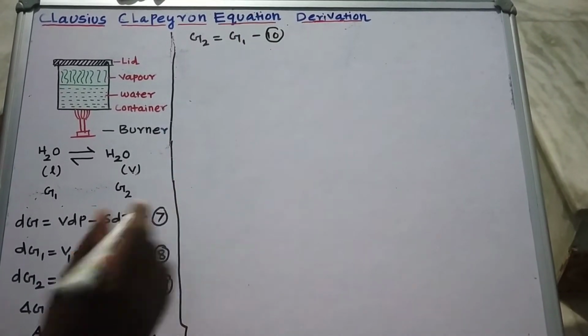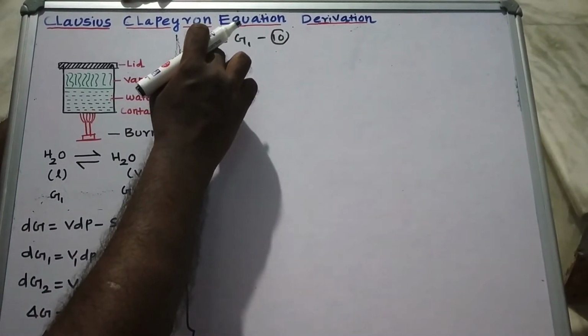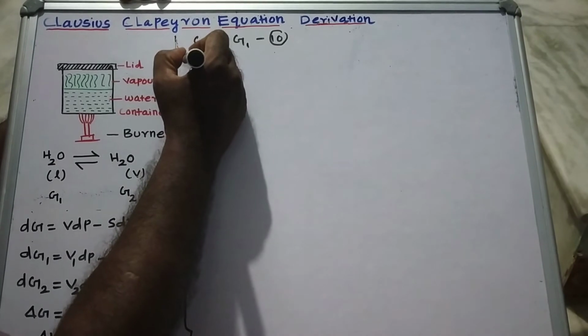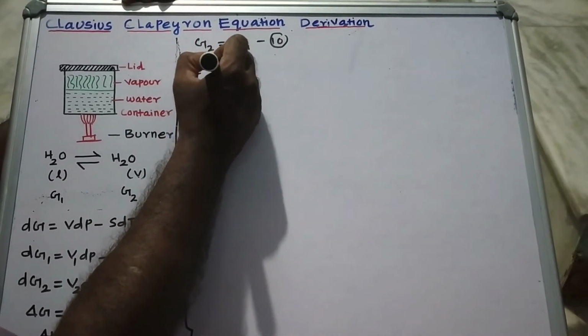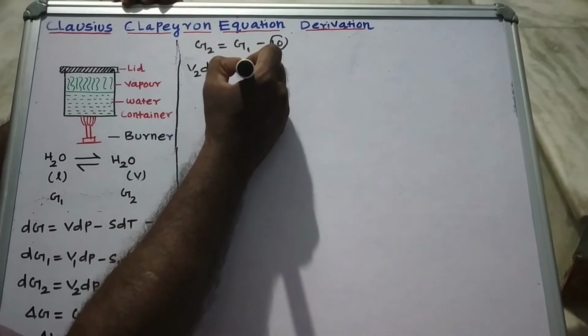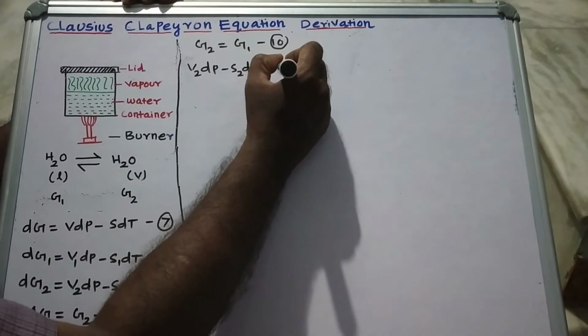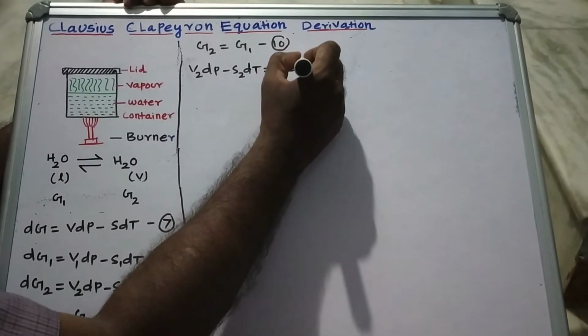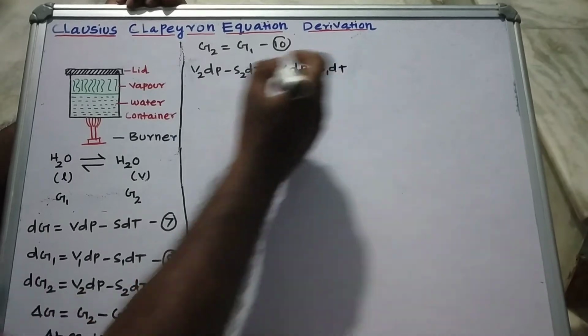Now substitute the values of dG1 and dG2 in equation number 10. Therefore V2 dP minus S2 dT is equal to V1 dP minus S1 dT.